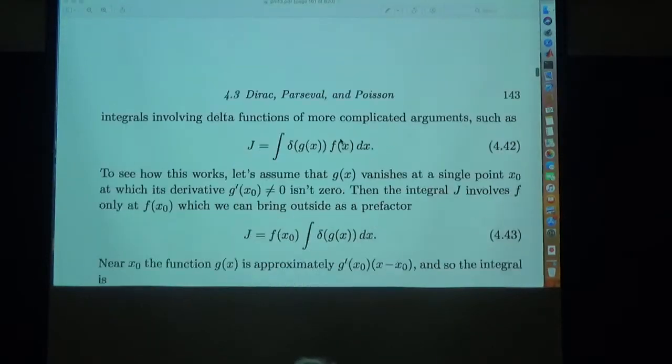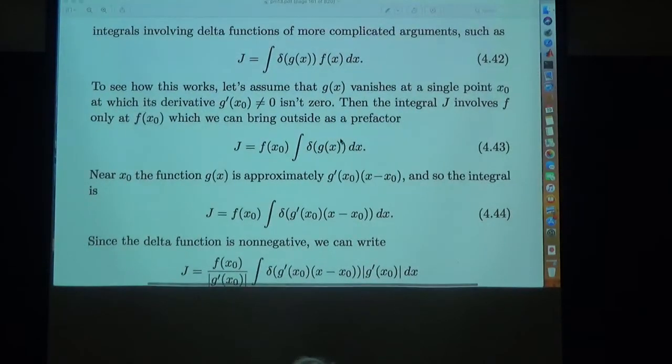Let's now go to something that's used without proof a million times in quantum mechanics and electrodynamics, namely, what's the integral of a function times the delta function of another function. And the answer is quite simple, and let me just derive it for you in a pretty simple way.